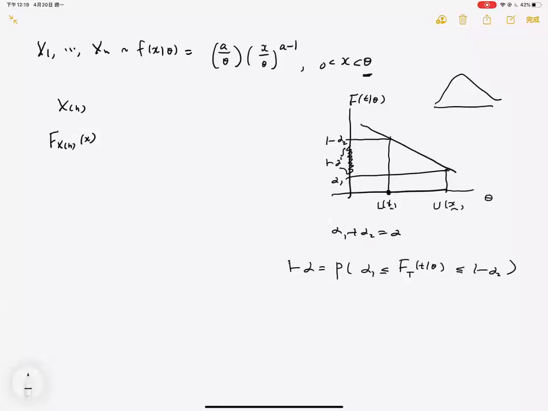Just draw a graph, and you will see I'm using the upper bound of the quantile to find the lower bound of theta, and using the lower bound of the CDF to find the upper bound of theta in a 1 minus alpha interval.